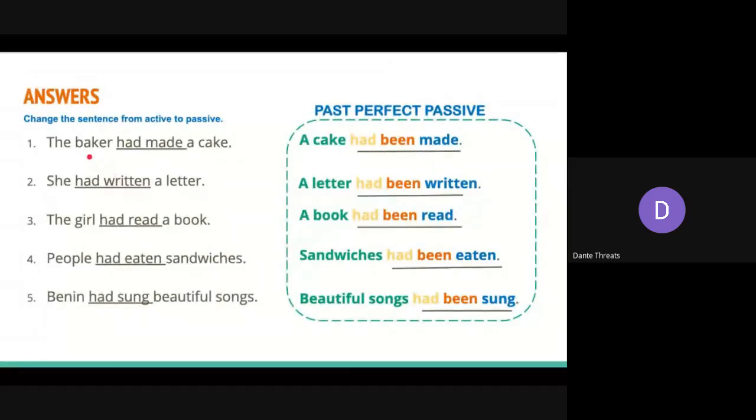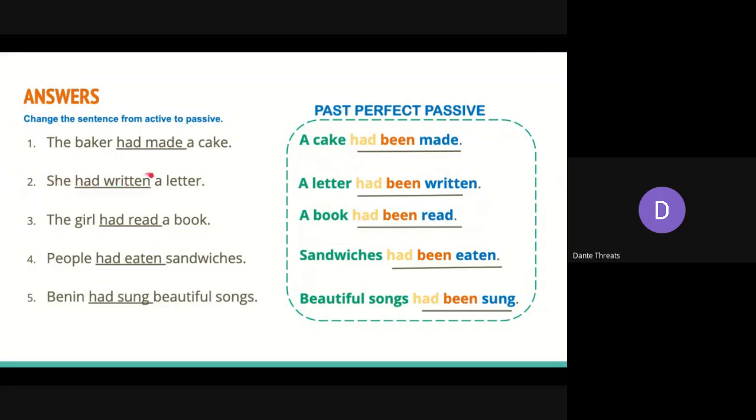And then made the object the subject. Okay, and kept the helping verb, right? Added been, and then changed the verb to the participle, right?